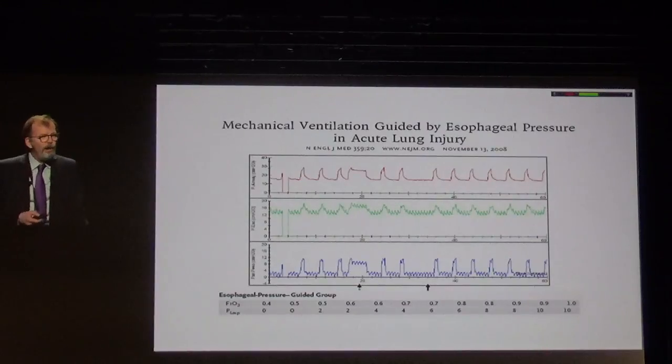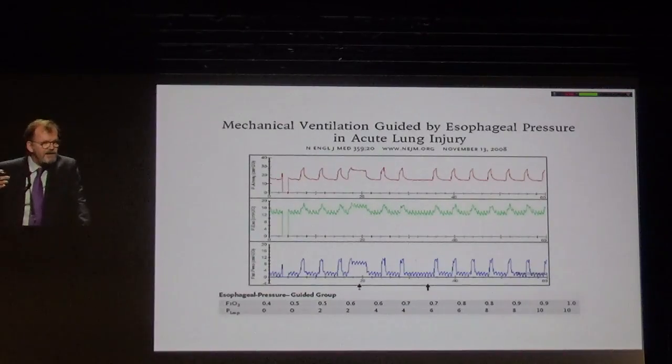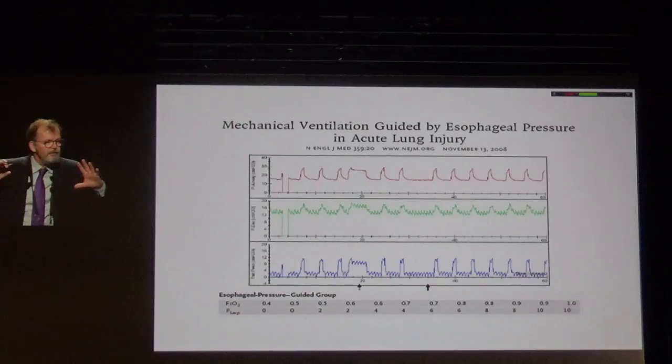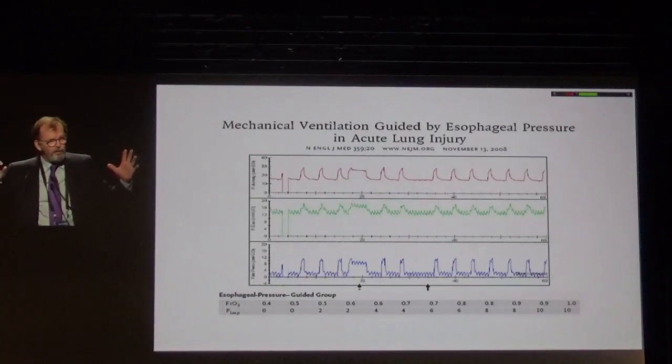So when Danny Talmore and his group proposed to keep the lung open by maintaining transpulmonary pressure at end expiration positive, as explained by Antonio, it makes sense, but it means we keep the lung open at mid-chest. We don't keep the whole lung open.